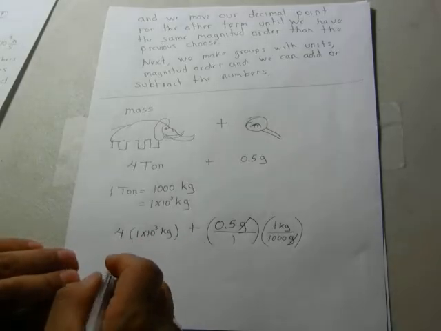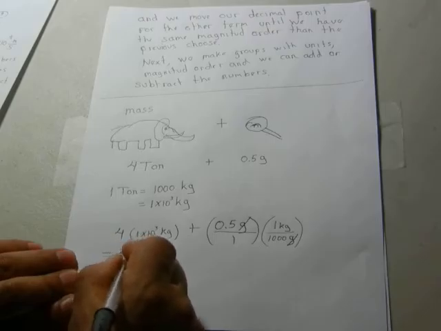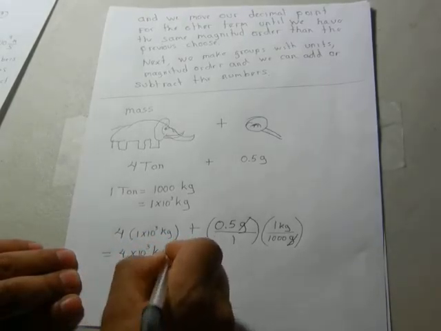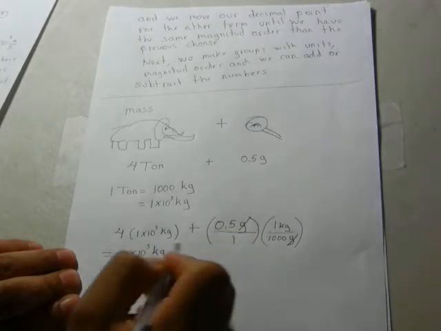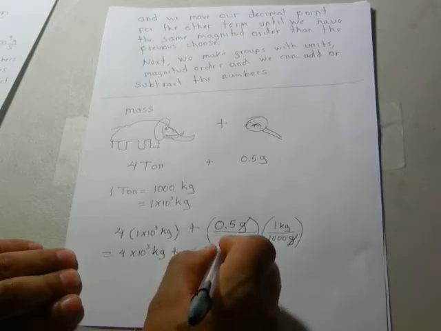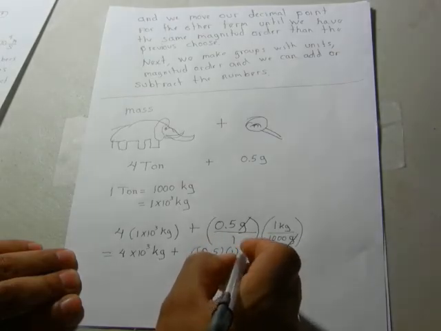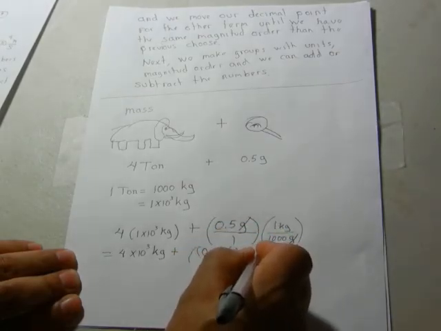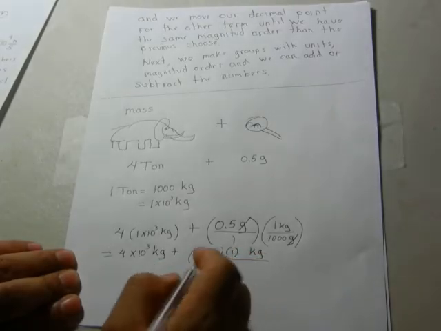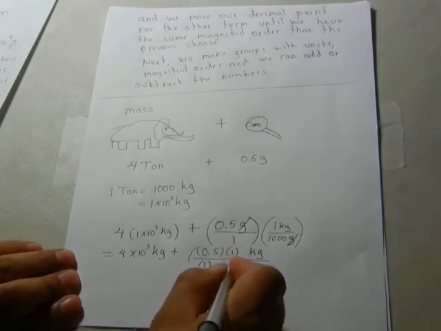That is one way. So at the end we have 4 times 10 to the 3 kilograms, plus 0.5 times 1, kilogram is the only unit that has to keep the prefix, the unit for mass, and here we have 1 times 1,000, so I prefer to use 10 to the 3.